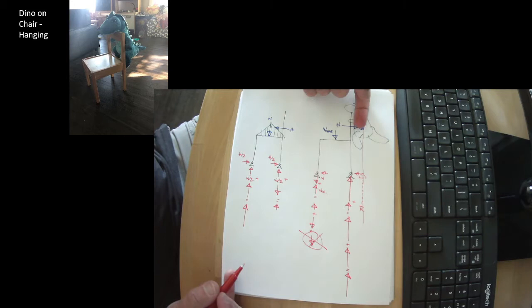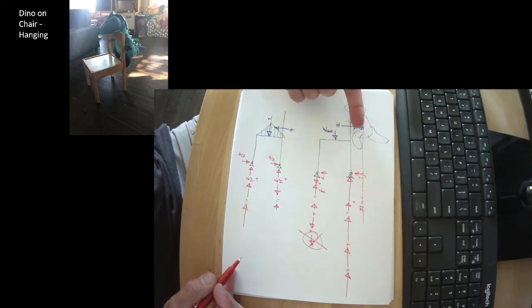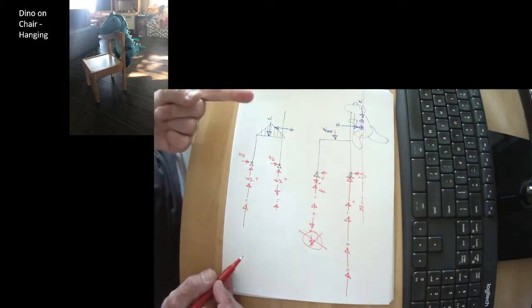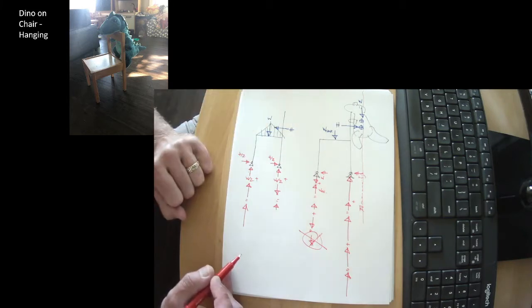So when Dino is hanging off the back of the chair, we're in a very tenuous situation. We're fine as long as the chair is heavy enough to resist his overturning. As soon as it's not, then the chair tips over and it can't really resist any wind.